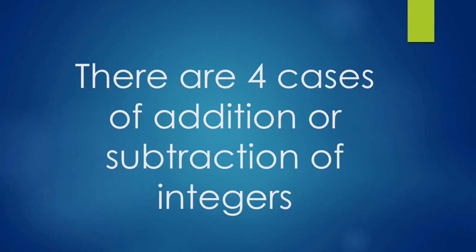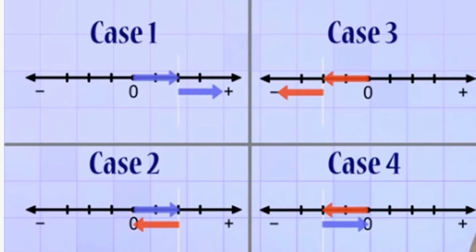Now there are 4 cases for addition or subtraction of integers. Let's look at each one individually. These are the 4 cases. Case 1, you have a positive number plus another positive number. And that number is going to continue getting further from 0, and it will remain positive. Case number 2, you have a positive number that you're going to add a negative to, which is like subtracting. So it could get back to 0 or even farther, putting it into the negative.